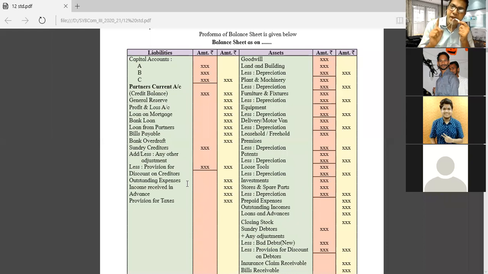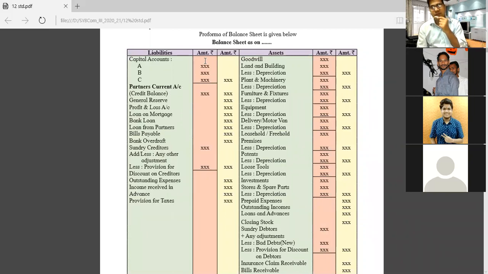Income received in advance is a liability. We will show it on the liability side. Then provision for taxes, any kind of provision due by the partnership firm for the previous year, is recorded on the liability side.